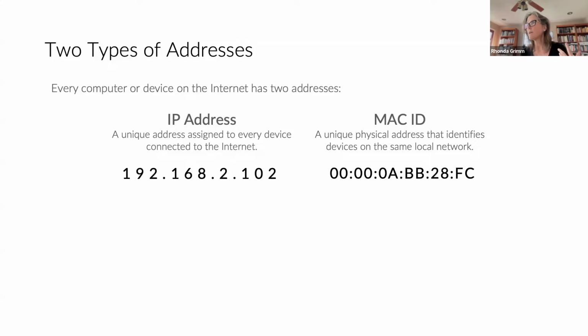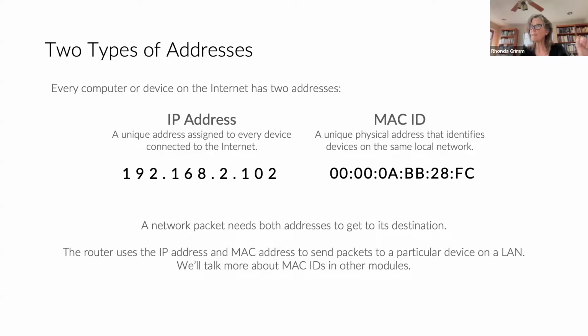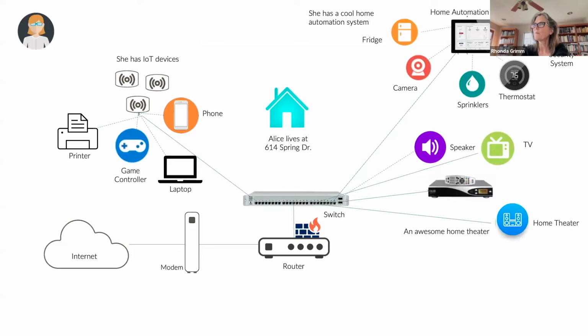Like my iPhone has a unique MAC ID, and all the numbers mean something special in the sequence. A network packet needs both addresses to get to its destination. But the router uses the IP address to send it to a particular device on a LAN. We're not going to really talk about MAC IDs too much. We can talk about those in other modules. We're going to focus on IP addresses for now.